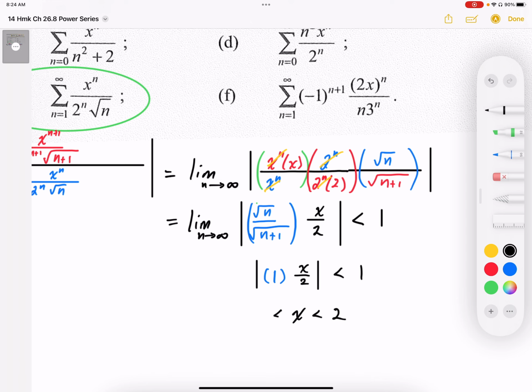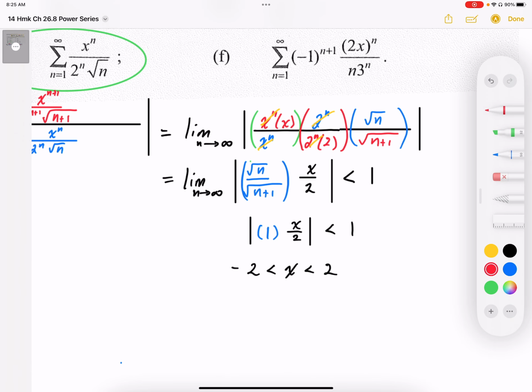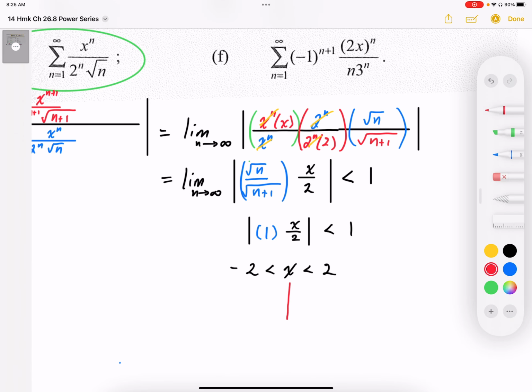And on the other edge, when I take away the absolute value, I'm going to end up with negative 2 is less than x. Okay, so the center is going to be at 0. And our radius, looks like we can see our radius there is going to be equal to 2.